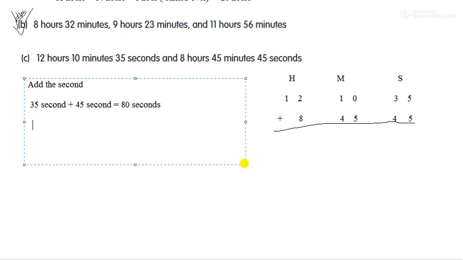What we have to do, we have to cut 80 seconds into 60 seconds plus 80 minus 60, which equals 20 seconds. So for 60 seconds we will write 1 minute and 20 seconds.